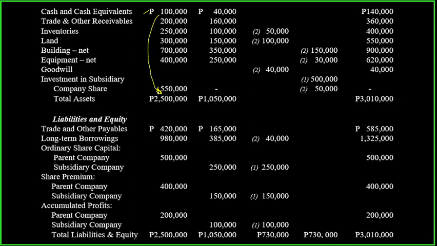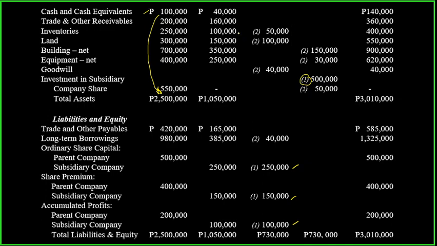Okay. First entry, elimination entry number 1, to eliminate the book values of net assets acquired. And elimination entry number 2 and 3, pinagsama na niya. Okay, that is to adjust the book values of net assets acquired to their fair market values.